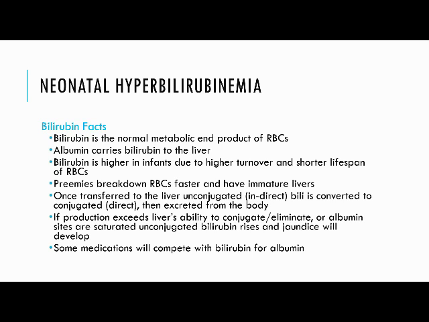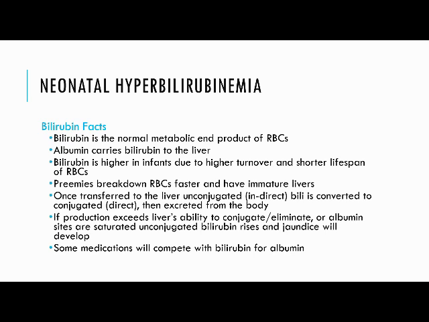So here are some bilirubin facts, just to sum up what we talked about so far and move on a little bit. Bilirubin is the normal metabolic end product of red blood cells. An average lifespan, like the video said, for an adult red blood cell is about 120 days. But remember, our infants are a little bit less than that, about 70 to 90 days.